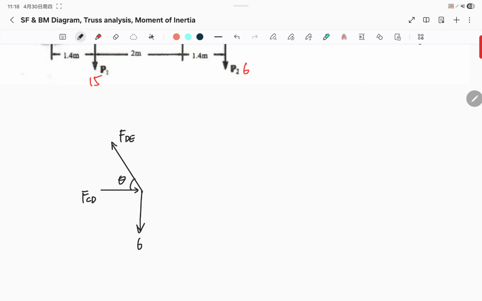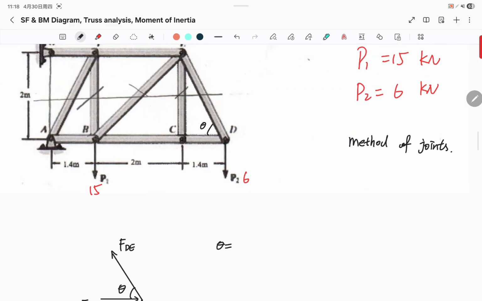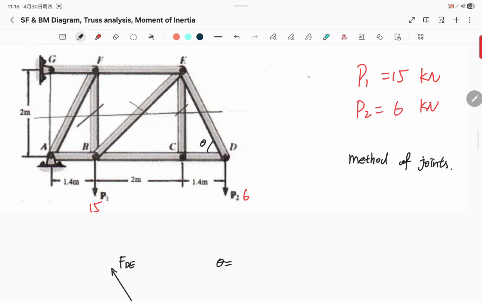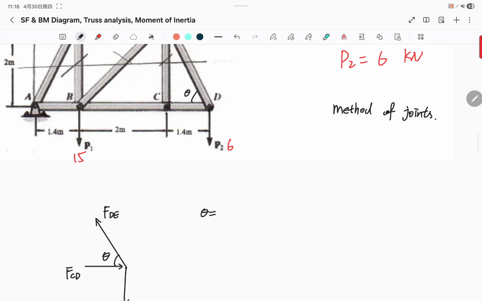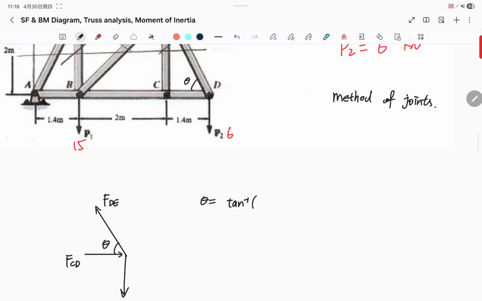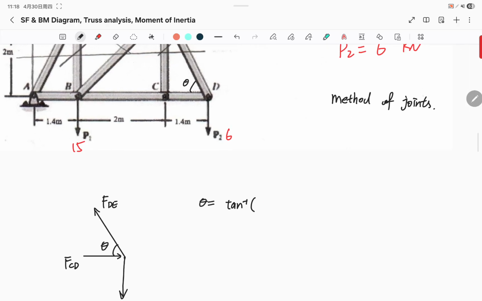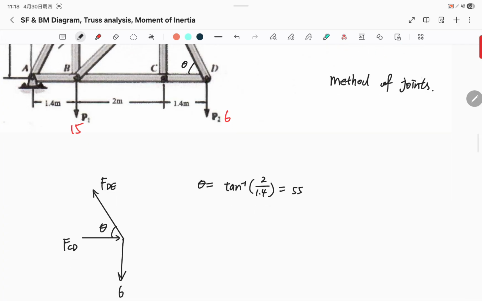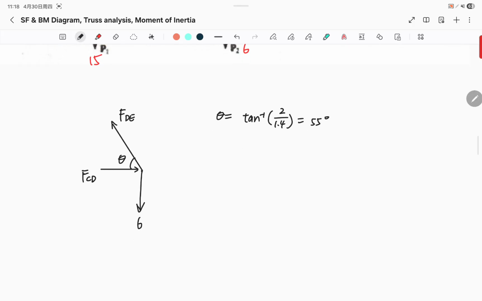First, we're gonna figure out what the angle is here, which is this angle. We have 2 meters and 1.4 meters, so we use inverse tan of 2 over 1.4, and this gives me 55 degrees. Now we can do sum of forces in Y: negative 6 plus FDE sine theta equals 0.